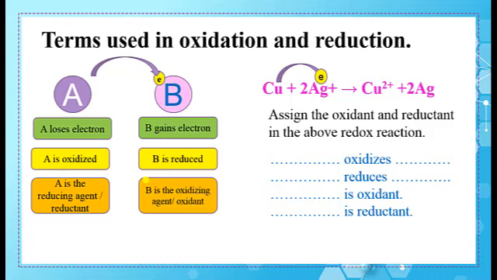Since it undergoes oxidation, it was oxidized by Ag+. Then Ag+ oxidizes Cu. Also, Ag+ undergoes reduction, so it was reduced by Cu. Then we say that Cu reduces Ag+. Then Ag+ is the oxidant since it oxidizes Cu, and Cu is the reductant since it reduces Ag+.